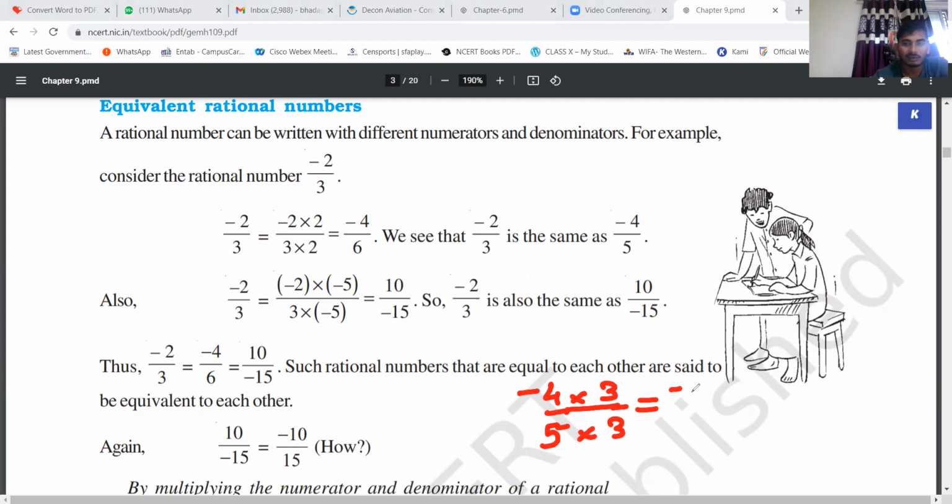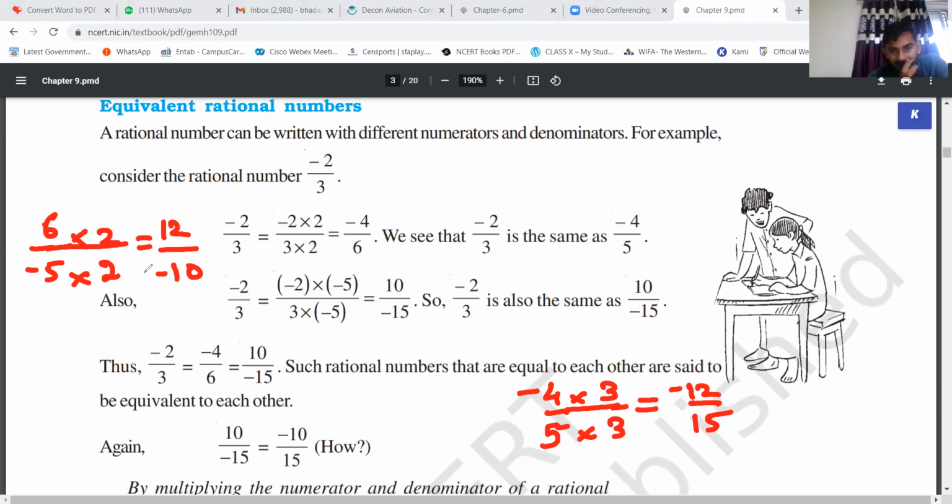So it will be minus 12 by 15. Imagine I gave you the number 6 by minus 5, and told you to multiply by 2. Both should be multiplied by 2: 6 twos are 12 and 5 twos are 10, but minus 5 is there, therefore minus 10. We completed this earlier in the first term chapters. Now questions arise from there.